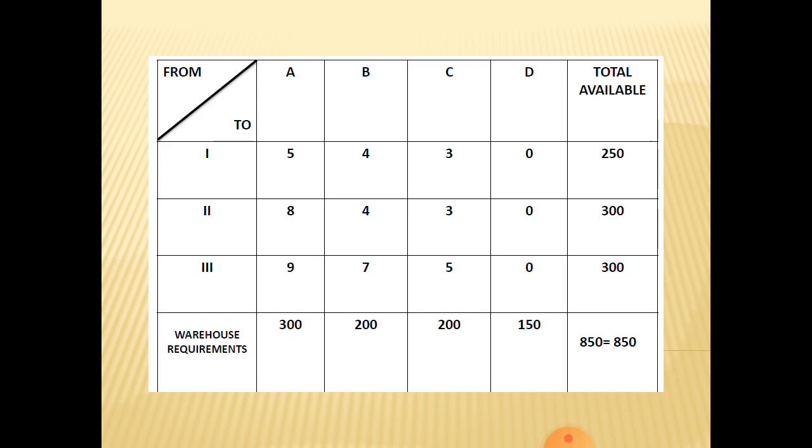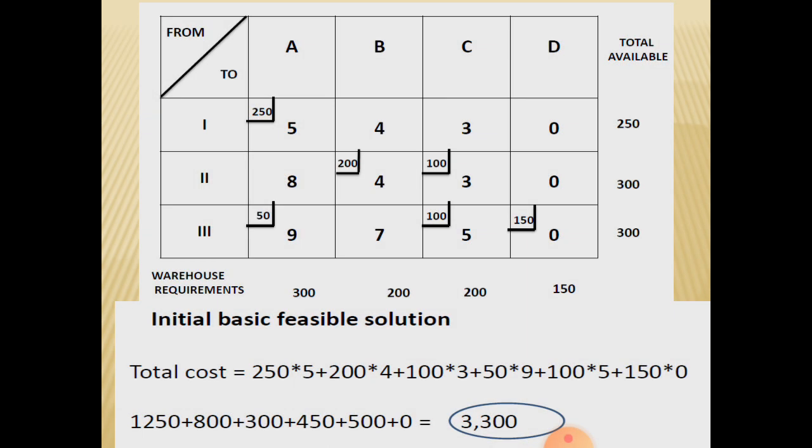Then you have to solve the problem by the basic feasible solution. This problem is ready to find the initial basic feasible solution by northwest corner rule. Again you have to take 250 in the availability, and in the requirements it is 300.